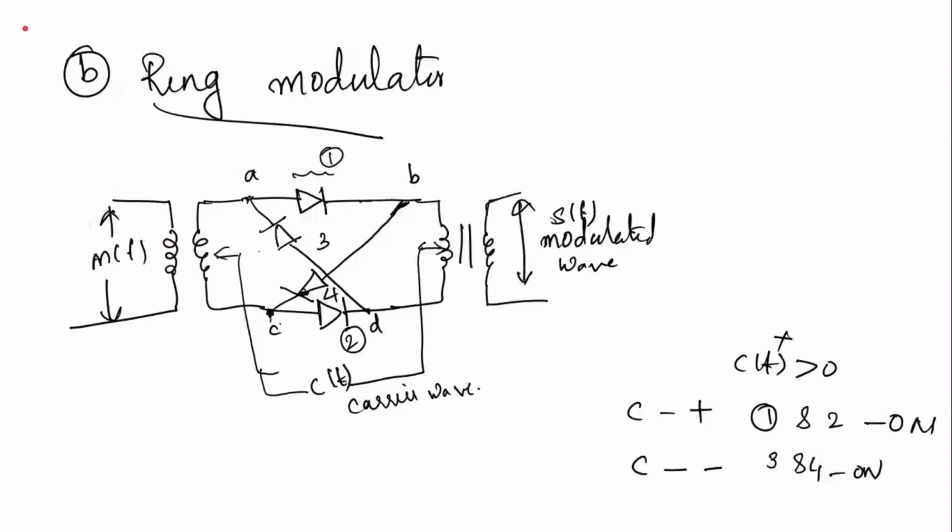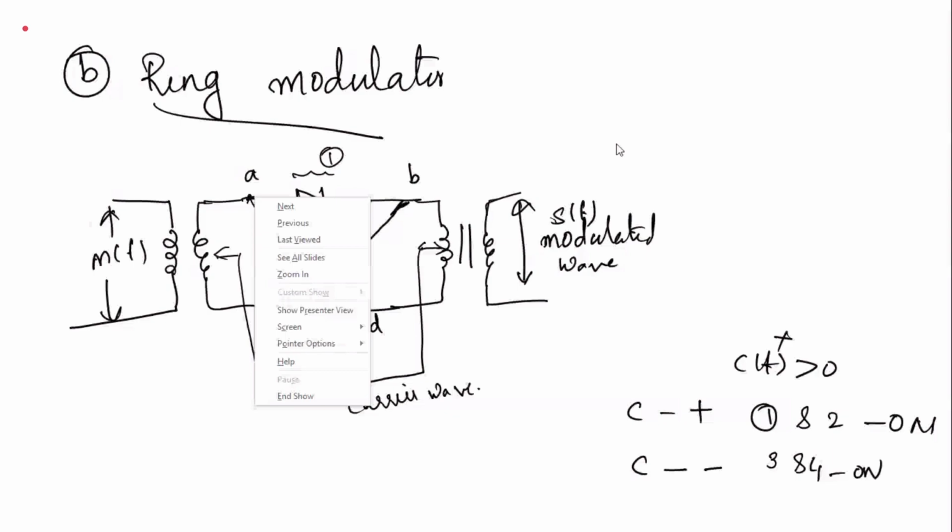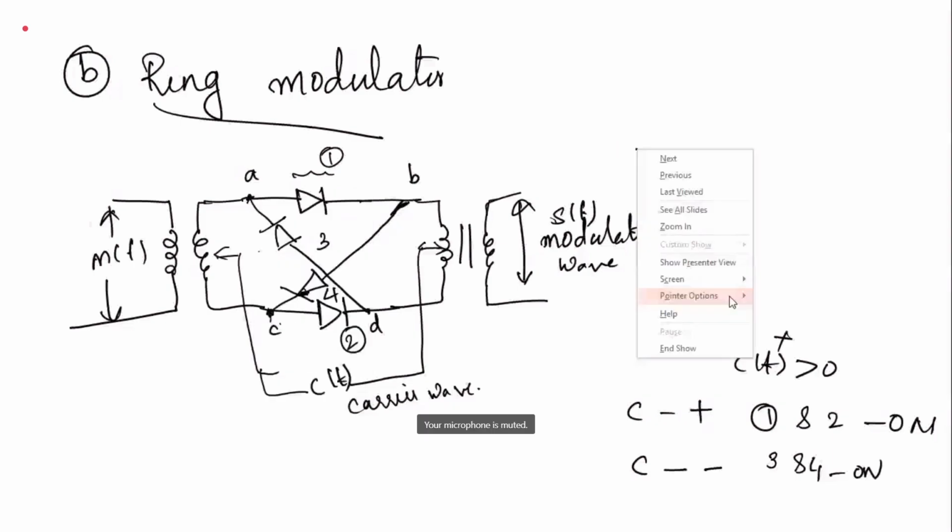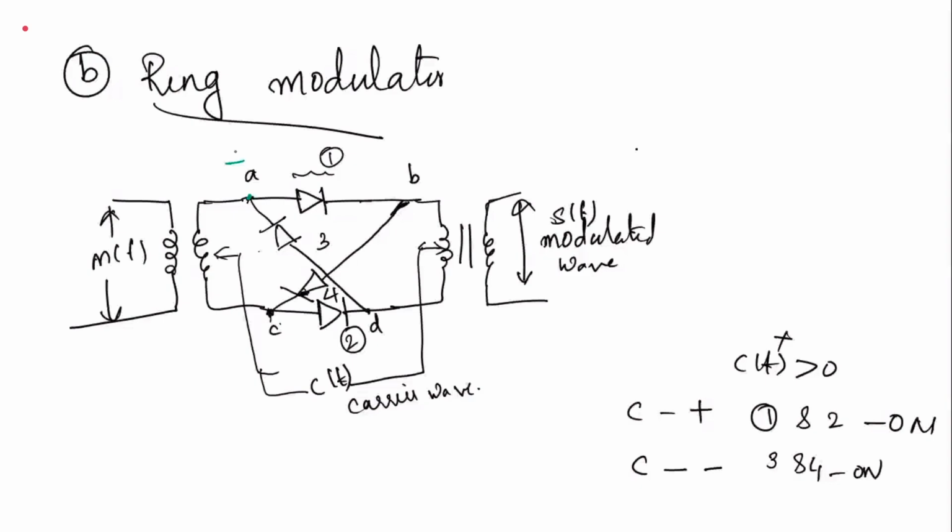This is case 1, green. When here it is positive and here it is negative, diode 1 is on, diode 2 is off.